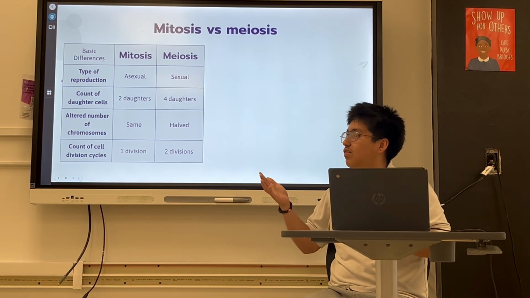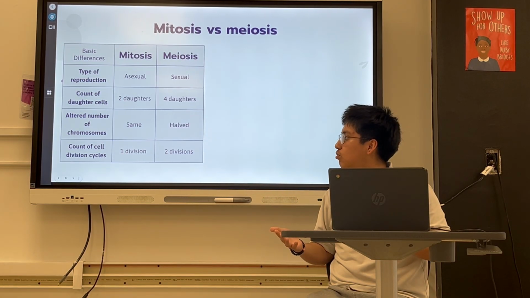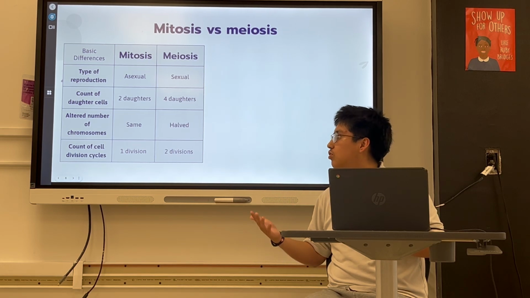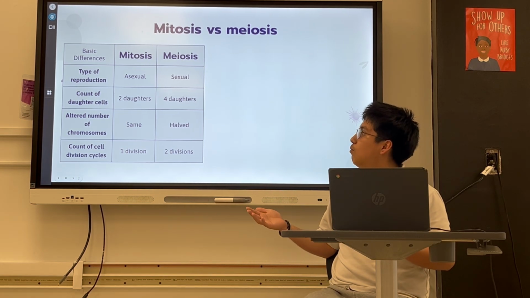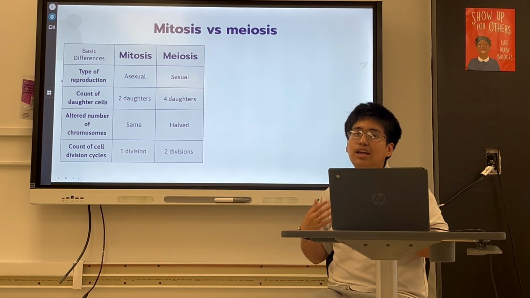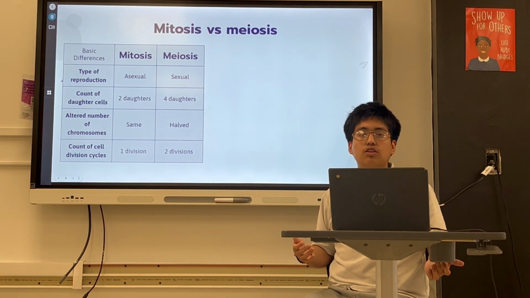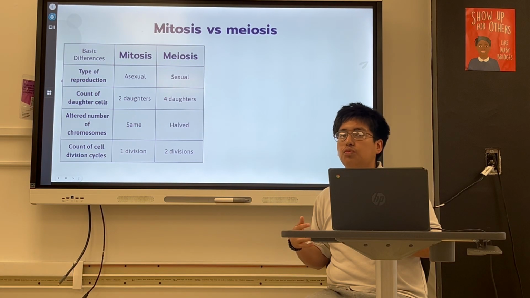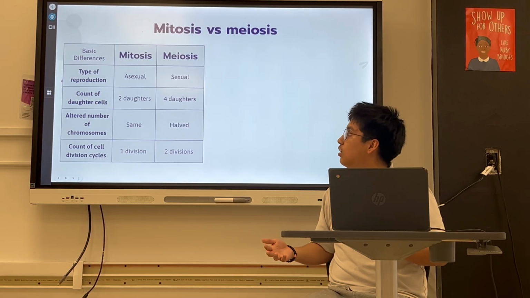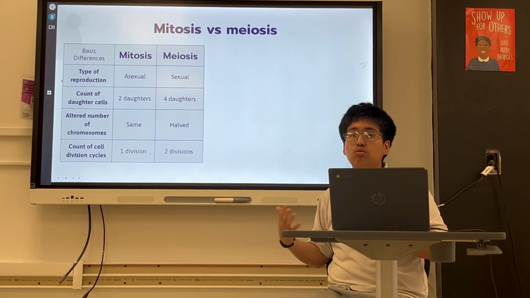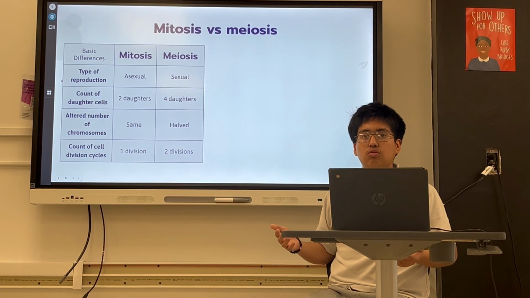Mitosis only has a single cell division cycle, and meiosis has two. Mitosis is used for asexual reproduction and only asexual, while meiosis is used for sexual and only sexual. Mitosis creates two daughter cells, while meiosis creates four.